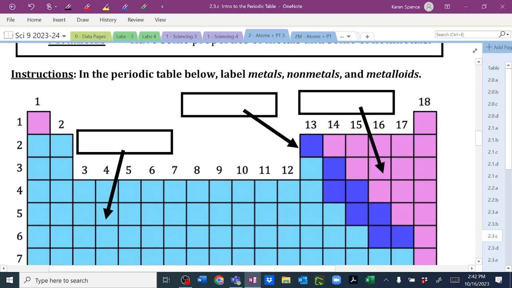All right, let's do some labeling here. Over on the far right of the periodic table, we have the nonmetals. Over on the left, this is page 69, we have the metals.